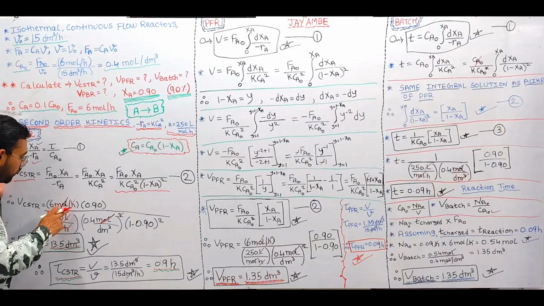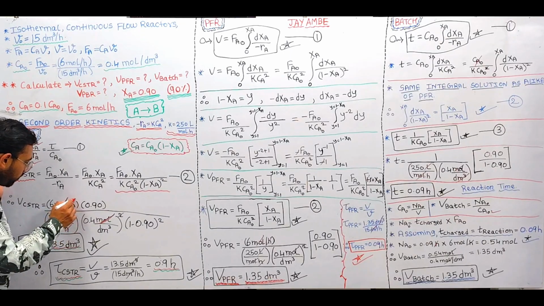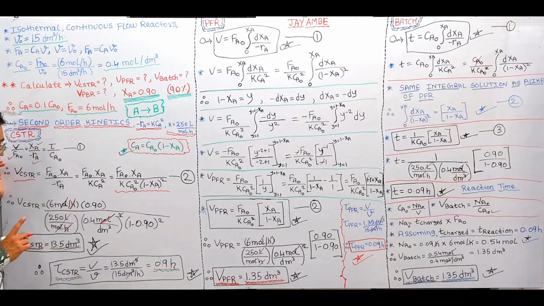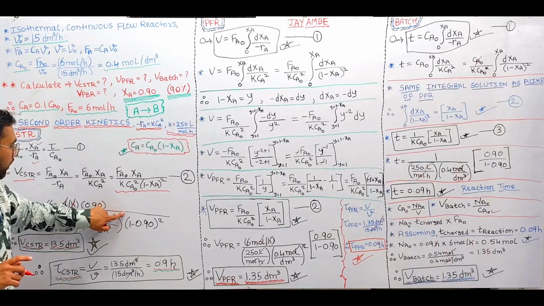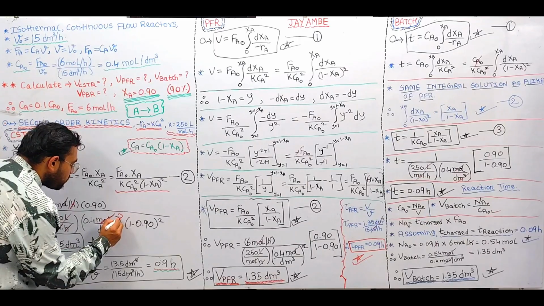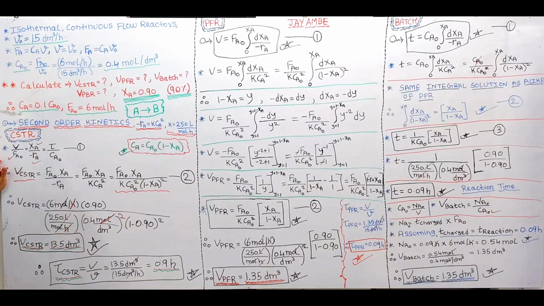Okay, now in the numerator and denominator we have hours, so the hours will get cancelled off, right? I hope you have understood. Now in the numerator we have liter, and in the denominator we have cubic decimeter whole squared. Remember this. So 1 liter equals 1 cubic decimeter, right?